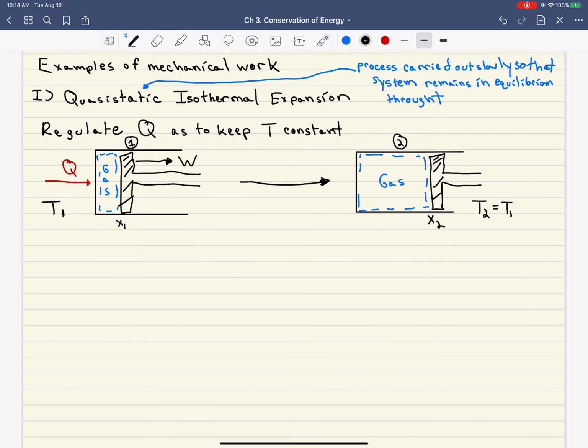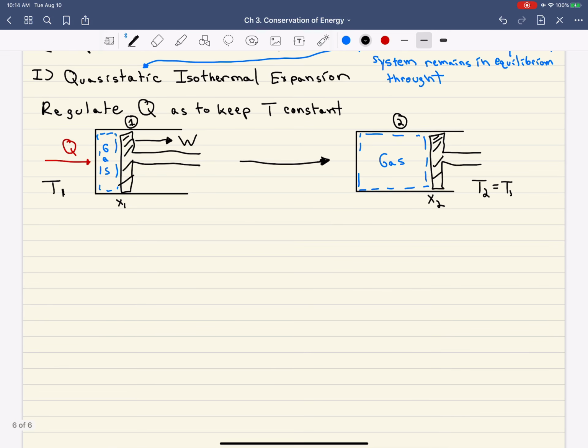All right, and so for this sort of system, the way we could analyze it is through our energy balance. And so in our energy balance, we have dE is equal to dU plus dEk plus dEp, and that's going to be equal to dQ plus dW. Now, for the system, we can make one assumption in which the changes in the kinetic or potential energy of the system are negligible. All right?